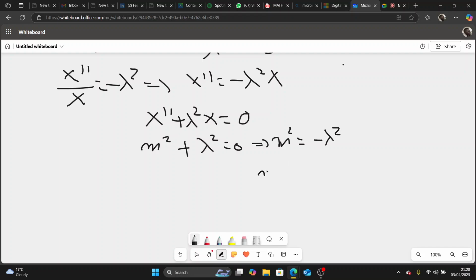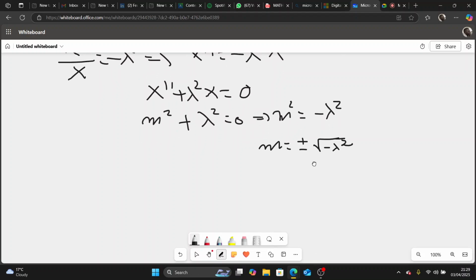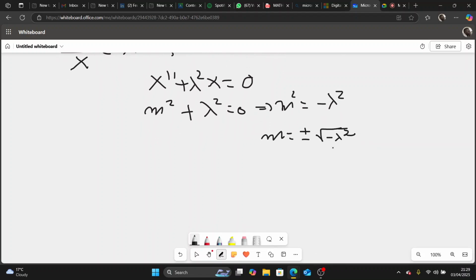And m is equal to plus or minus the root of minus lambda squared. Remember, if this thing is negative, what do you do? You include the j squared.